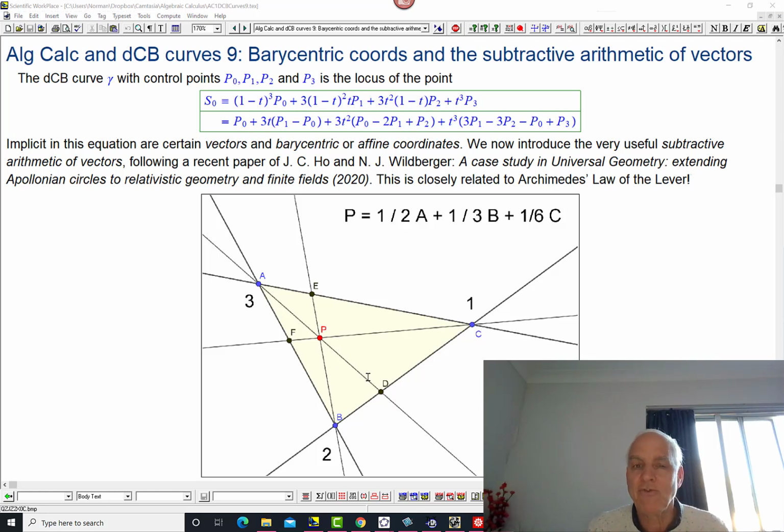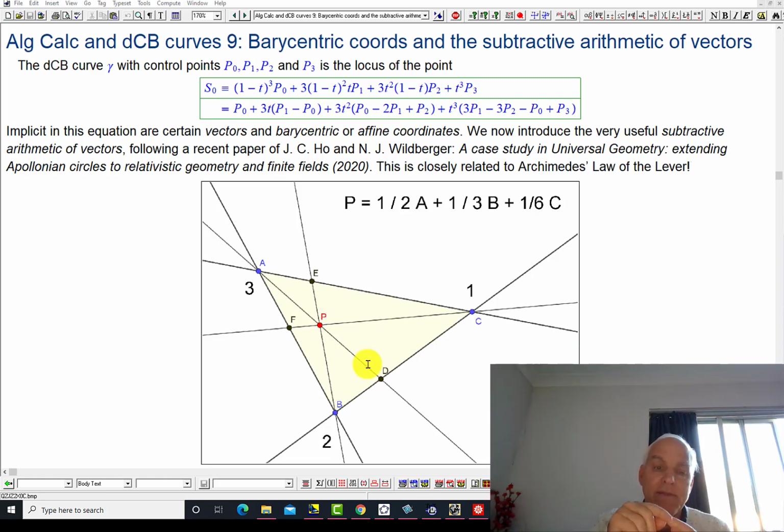Now you might be tempted to rewrite it as d1, like this length times the mass, is equal to this length times the mass, but please don't think about it that way. You want to think about this as being a vector relation, and that's much more suitable for generalizations. So for example here, we can think of this point P as the center of mass of this configuration.